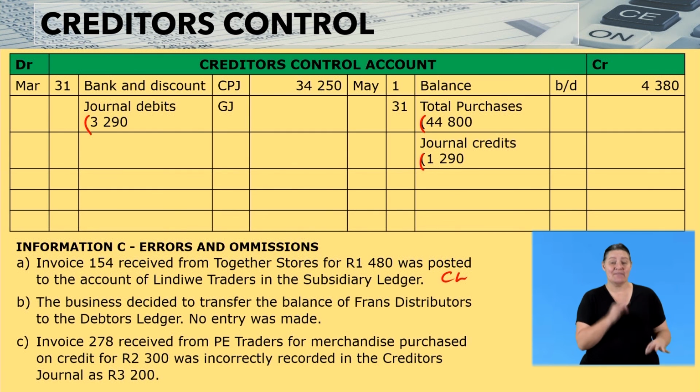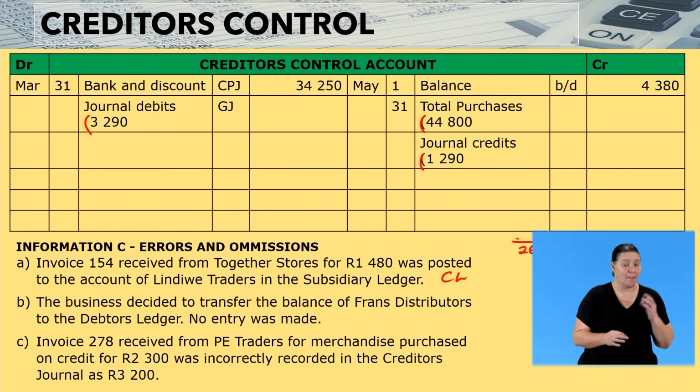The moment the business decides to transfer that particular amount, that means I have my creditors ledger and the amount is a debit balance in the creditors ledger, and the amount is 260.